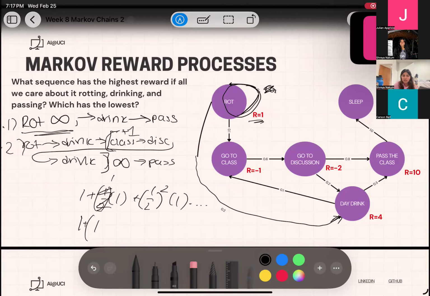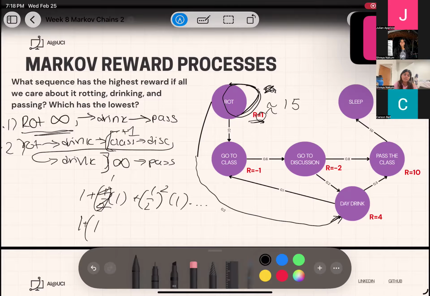If I rot and my discount value is very close to one, then I'm not going to lose much of this one reward. My total reward will be about 15, maybe a little less, like 14.8 or something, because you're not discounting much of this one. That's the idea of the discount factor.